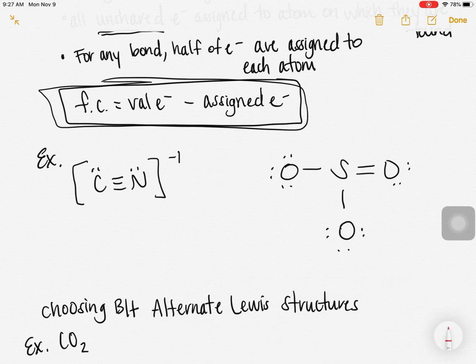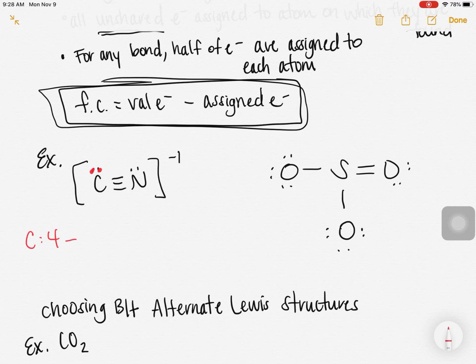So in this CN minus structure, if I was going to calculate carbon's formal charge, carbon's valence electrons are 4, and I'm going to subtract from that how many electrons are assigned to carbon in this particular structure. So it has 2 unshared electrons, which obviously get assigned to carbon, and then this is a triple bond. There's 2 ways to think about this.